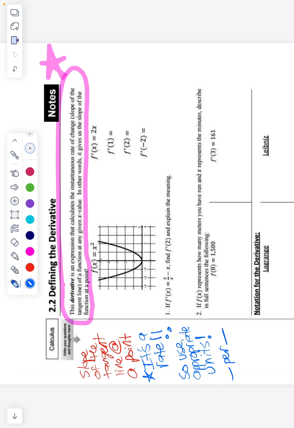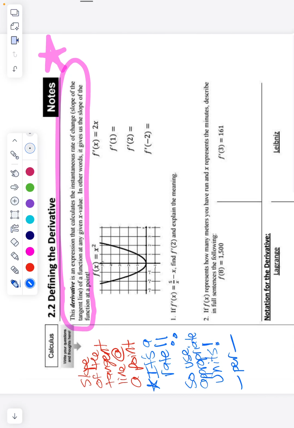Okay. Here's our very friendly little parabola function, x squared. You're going to know pretty soon, probably next week, how we got from f to f prime, which is derivative notation. I'm going to give you that. If you looked ahead at all, you'll see notation is coming. But that is derivative notation in one version.